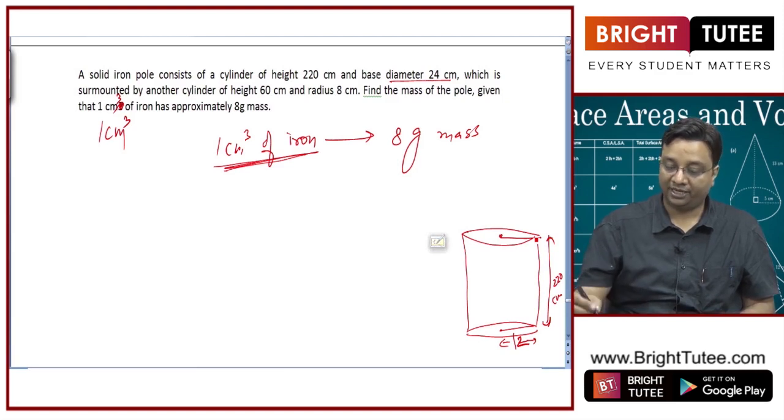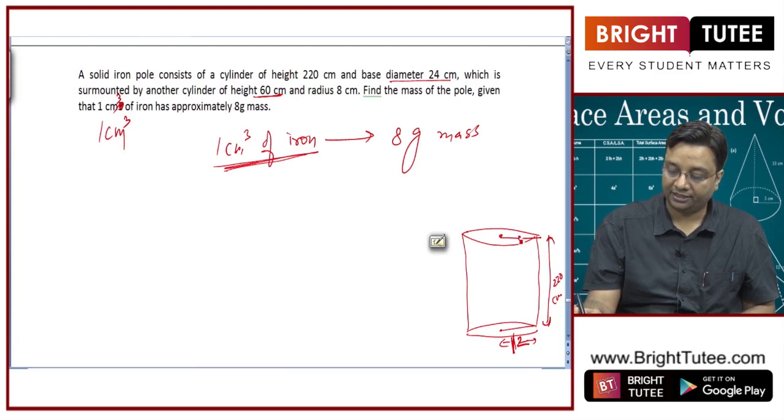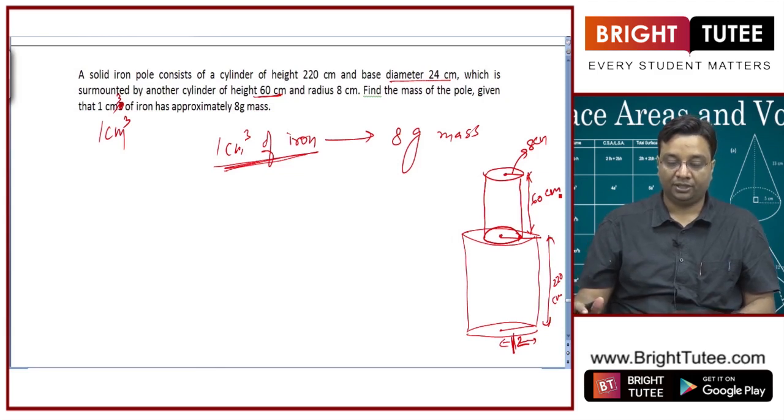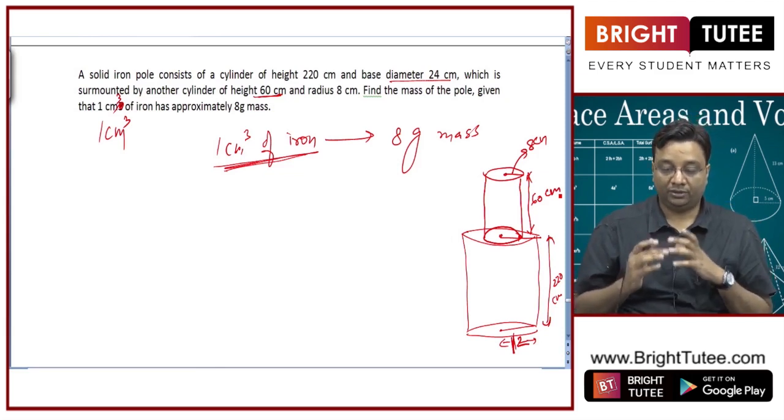It is surmounted by another cylinder which has got height 60 centimeter and radius 8 centimeter. So we are given radius this time. So this radius is 8 centimeter. So this cylinder will be something like this. It has got radius 8 centimeter and its height is 60 centimeter. So this is the rough diagram of the solid iron pole.